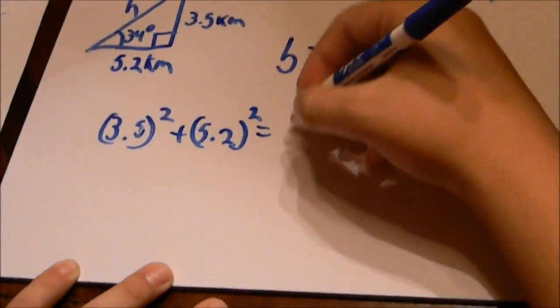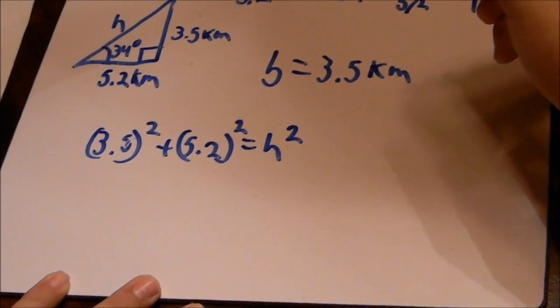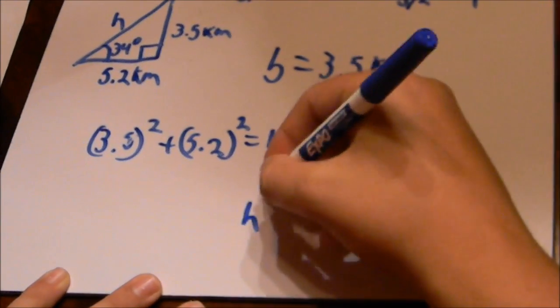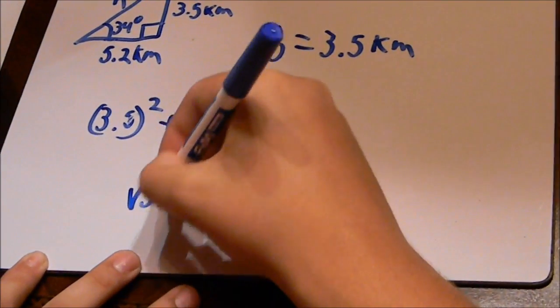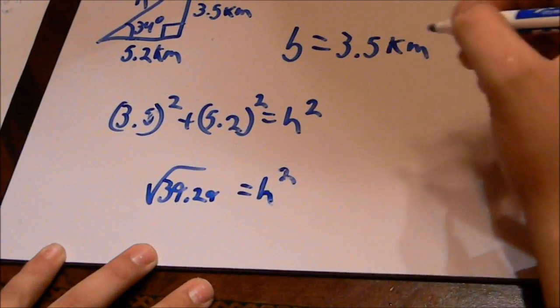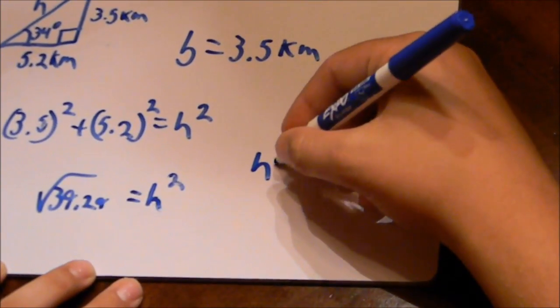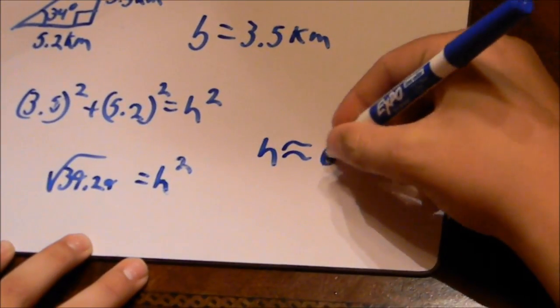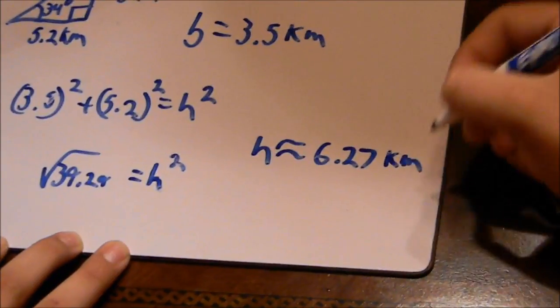And all that is going to equal h squared. And when you do the work, you see that h squared is equal to 39.29. And when you work that out, you see that h itself is approximately equal to 6.27 kilometers.